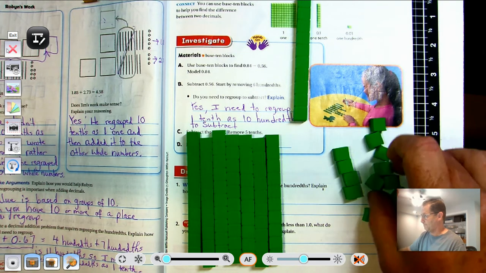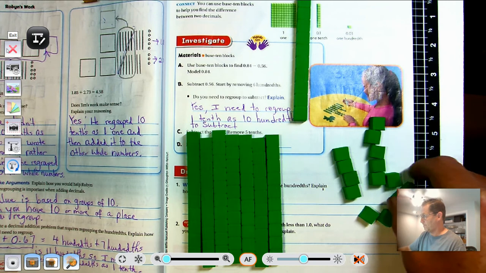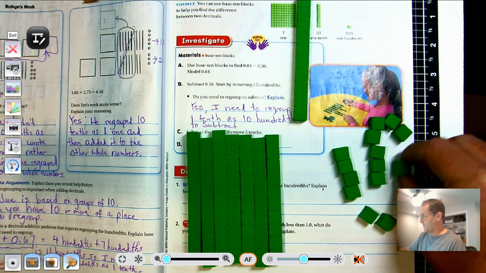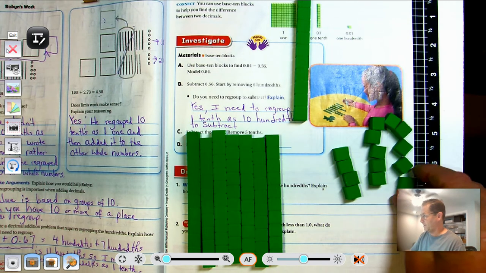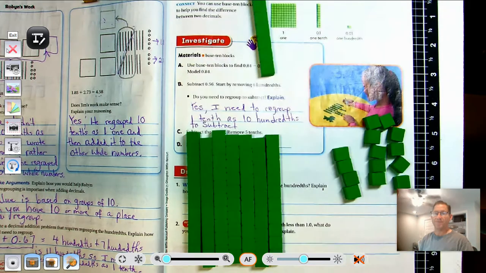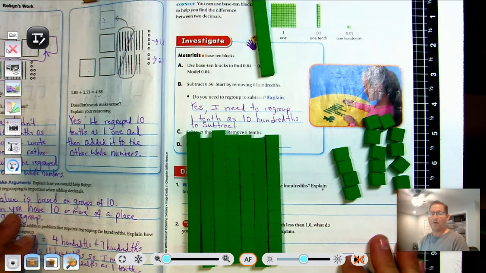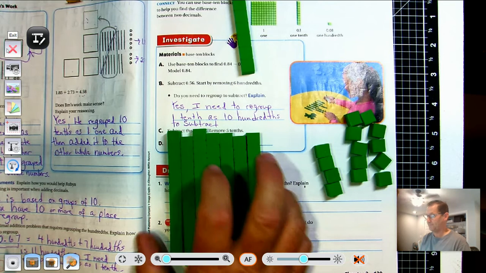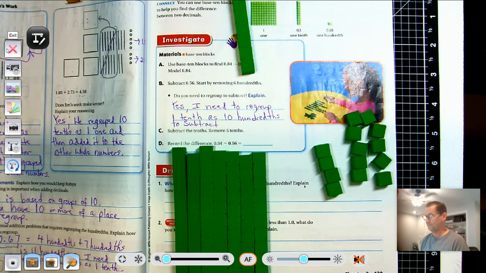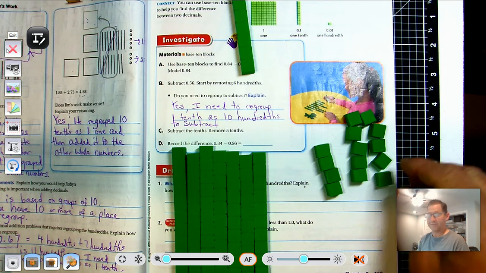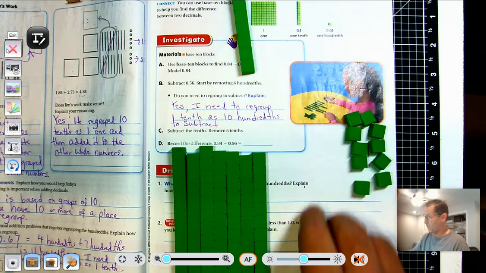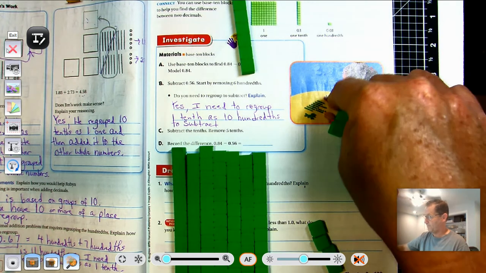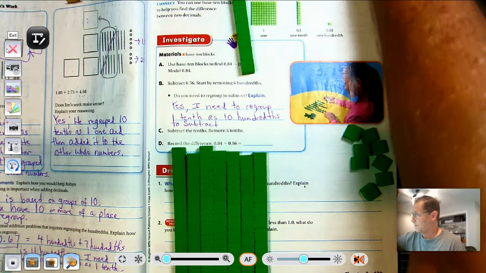So we have 10 hundredths that we traded from the tenths. Now, can you take away 6 hundredths? Yes, so let's take away 6. 4, 5, 6. All right.